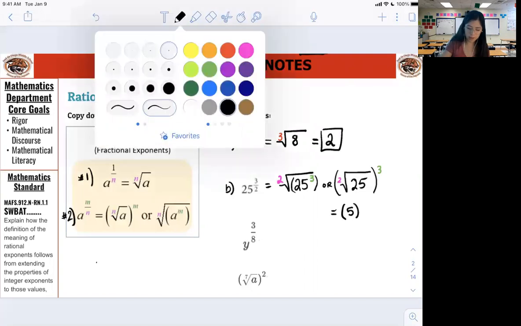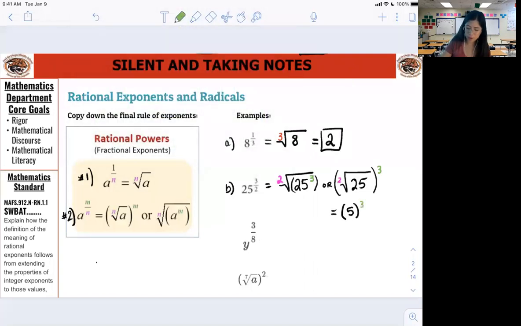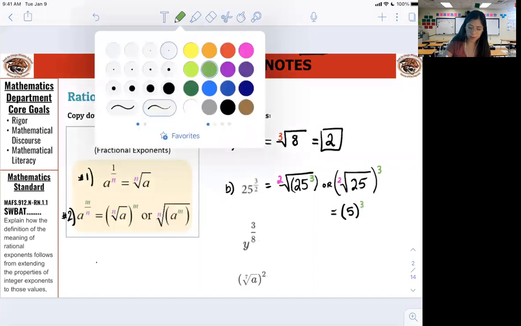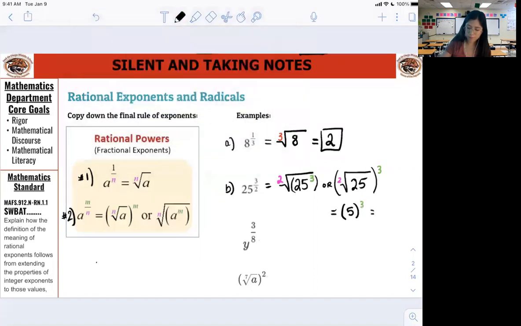And then I still have to take it to the third power. Well, I know how to do that as well. What's 5 to the power of 3? 125. So grouping it so that the 3 ends up outside can be more helpful because those are 2 operations that I know how to do pretty easily.